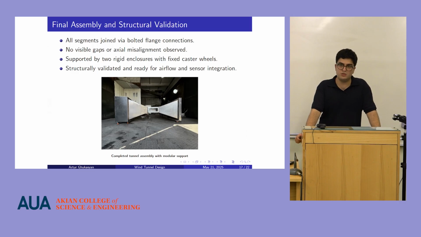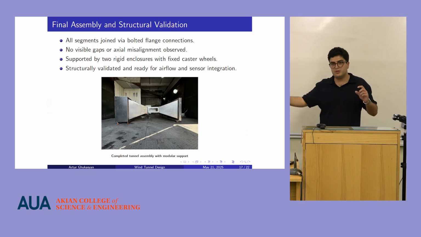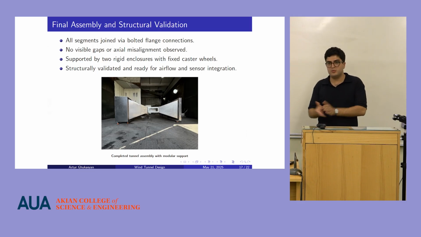The size of the test articles that you can actually measure, the effect of the geometry of your wind tunnel, because it's a rectangular cross section, and various considerations have to be made based on your type of test articles. I see. Initially the diffuser section should have been longer, but because of space constraints, it was shortened.